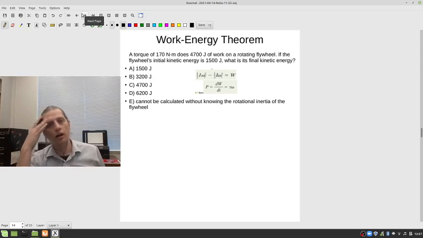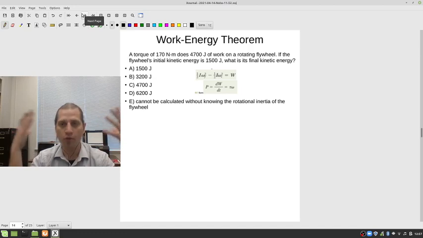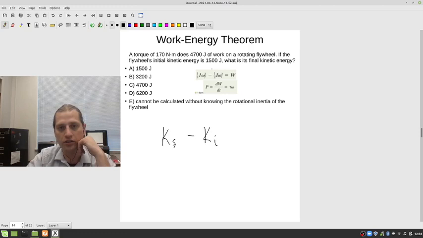All right, now a torque of 170 Newton meters does 4,700 joules of work. Okay, so once we've done our F equals ma type of thing, now we can move on to ideas of energy and momentum, just like we did with our linear motion. So in the first case, we have our work energy theorem, which is that our final kinetic energy minus our initial kinetic energy equals the amount of work that we put in.